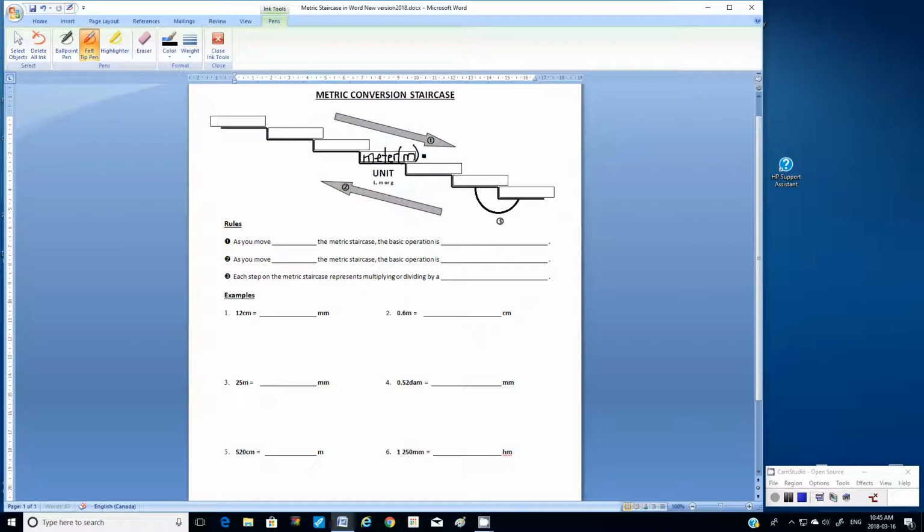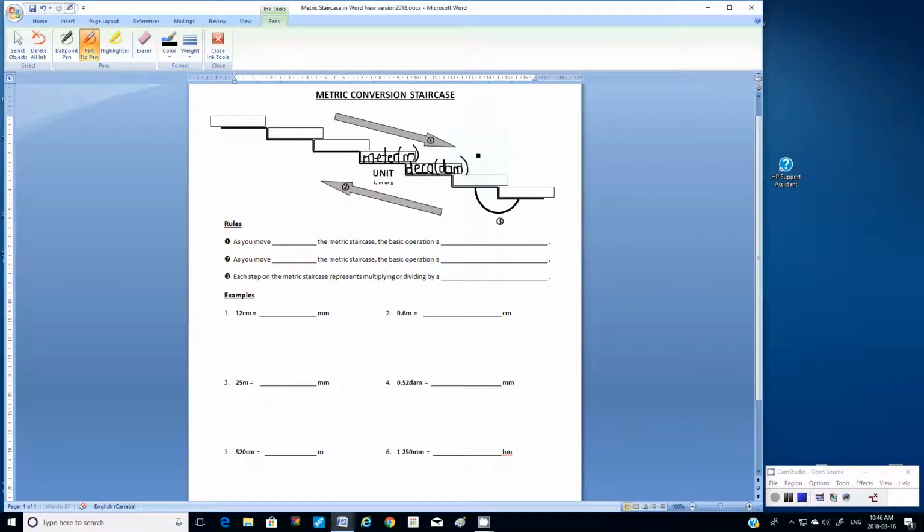Okay, so let's move down the metric staircase. As we move down the metric staircase, the next unit that's larger than meters is decameters, DECA, and it has a symbol of DAM.